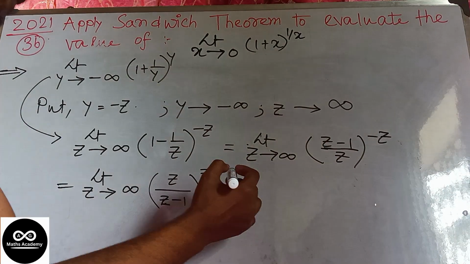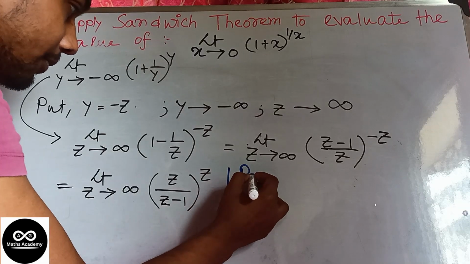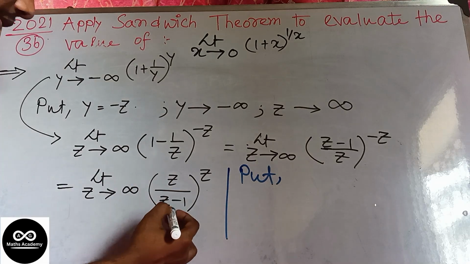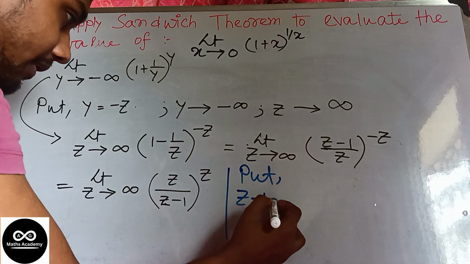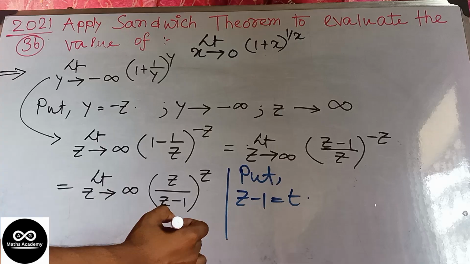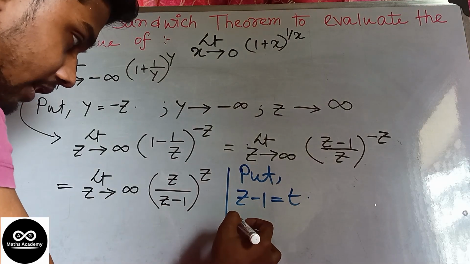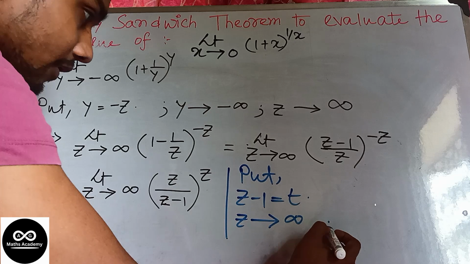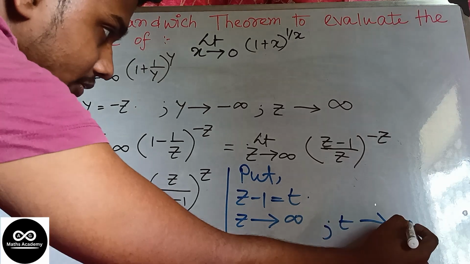So now we're going to put this one, z minus 1, as t. So now as z tends to infinity, t tends to infinity.